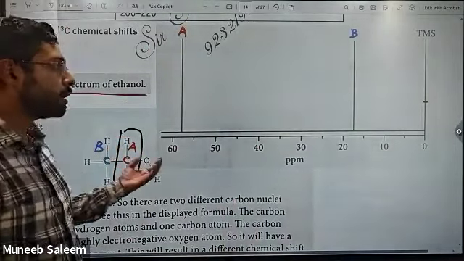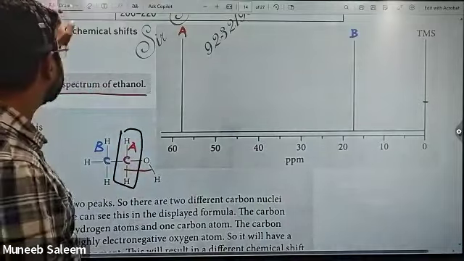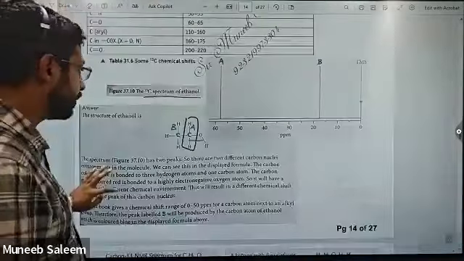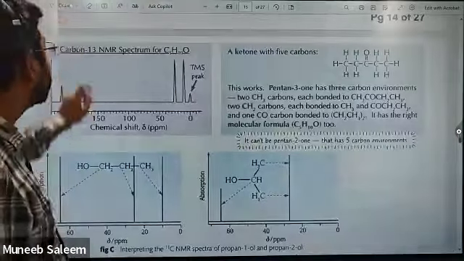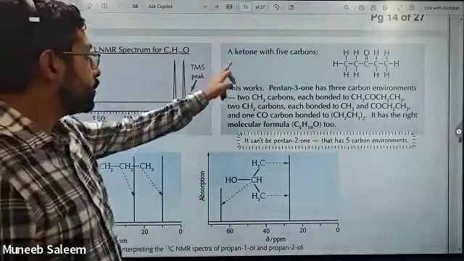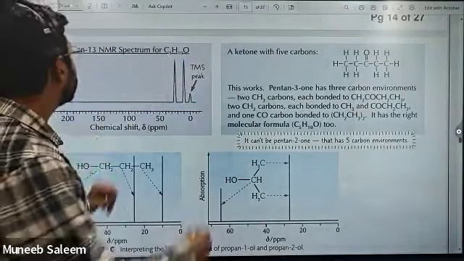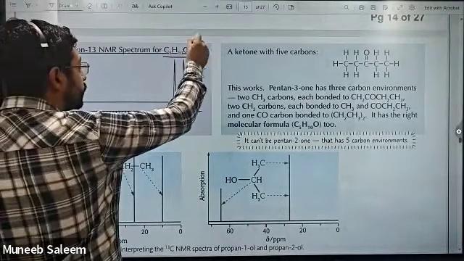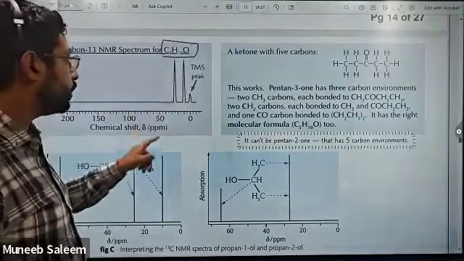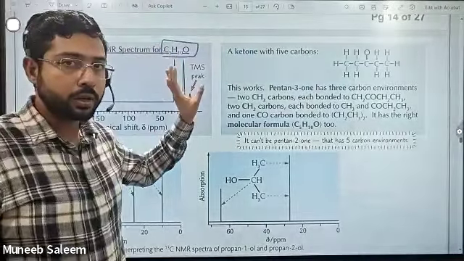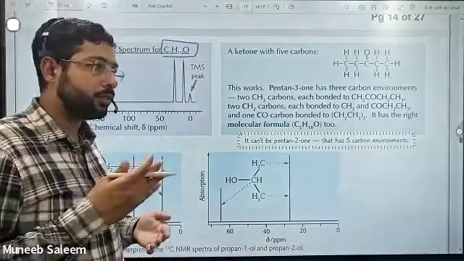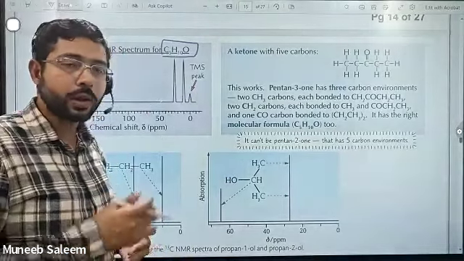So that's how we have identified that there are two carbon atoms and these are the chemical shift values. Now we can also check another example. Here we have an example of a ketone with the formula C5H10O. First they will provide a molecular formula. They will not tell you whether it is a ketone, aldehyde, or alcohol.